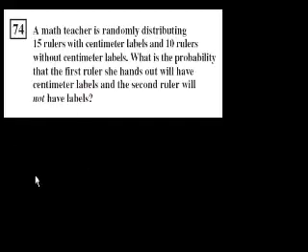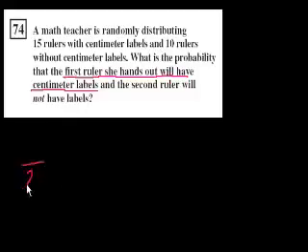So, okay, let's think about the first one. I'll do that and I'll color code it. What is the probability that the first ruler she hands out will have centimeter labels? There's a total of 25 rulers, 15 with centimeters and 10 without.